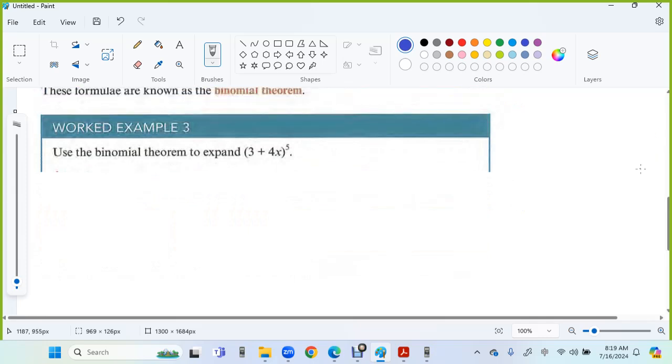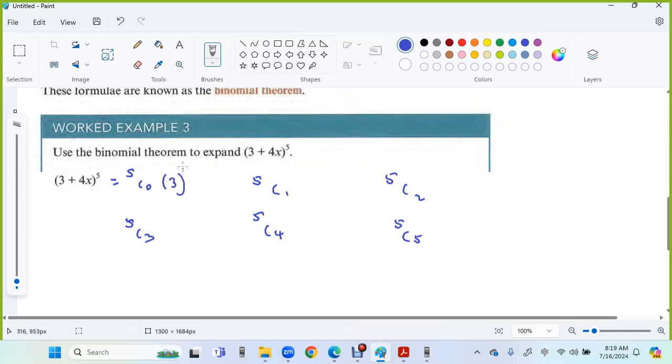Okay, we look at book example number 3. We want to use the binomial theorem to expand this one. So n is 5. So we have 5C0, 5C1, 5C2, 5C3, 5C4, and 5C5.